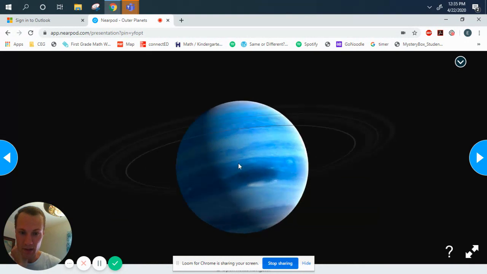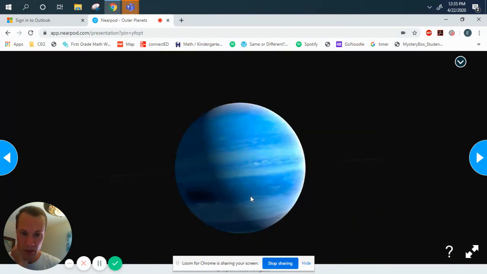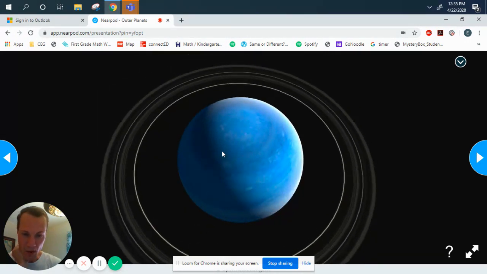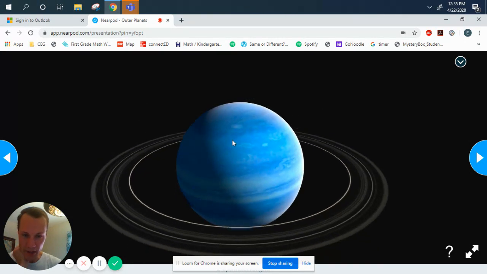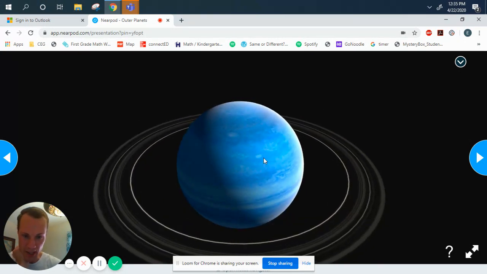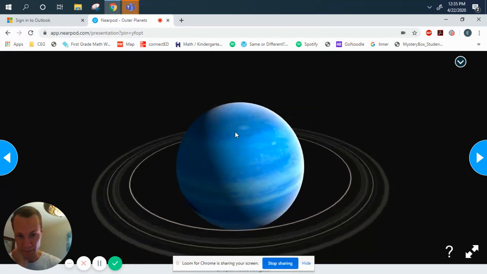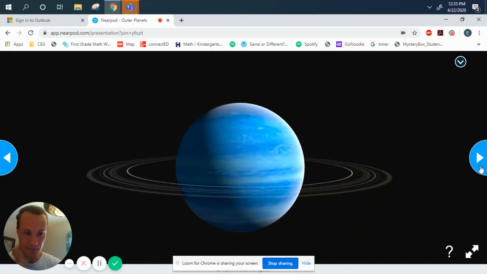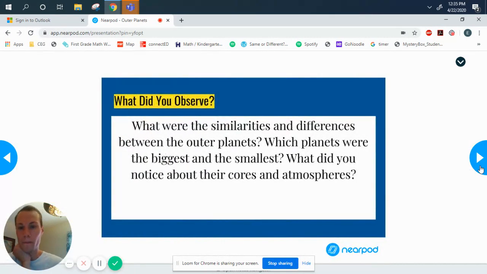Rotate it. Turn it up on the poles. I don't really see any land features on any of these planets. I don't see any mountains or volcanoes. I see clouds, but I don't see any land. Interesting. You're welcome to explore more.